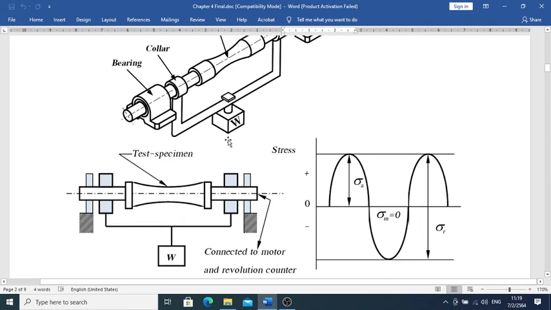With the loads acting here and here, we cause a reversed bending.